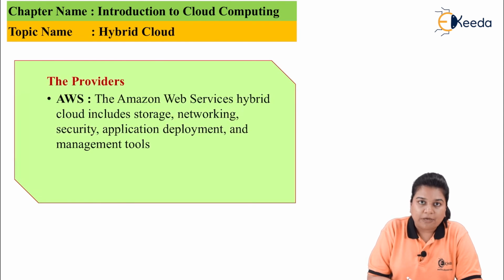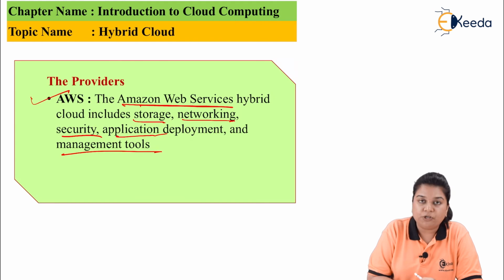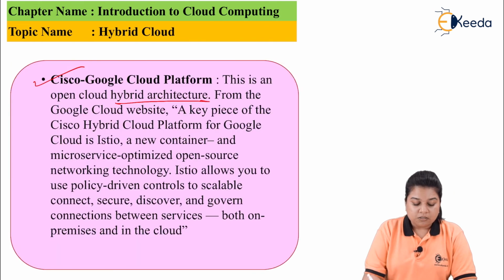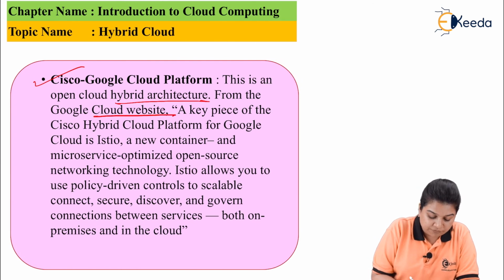The providers of hybrid cloud are first, AWS. The Amazon Web Services hybrid cloud includes storage, networking, security, application deployment, and management tools. Cisco Google Cloud Platform. This is an open cloud hybrid architecture from the Google Cloud website.